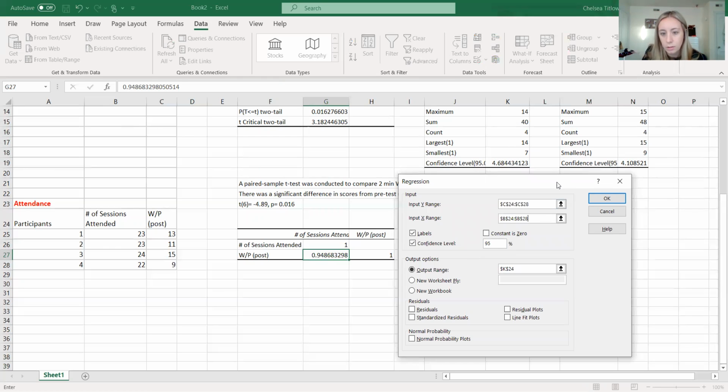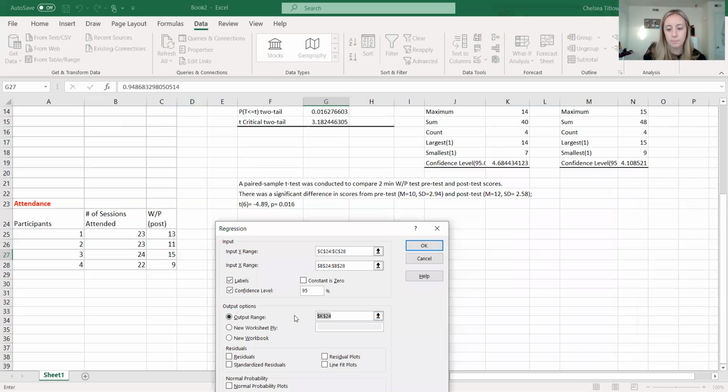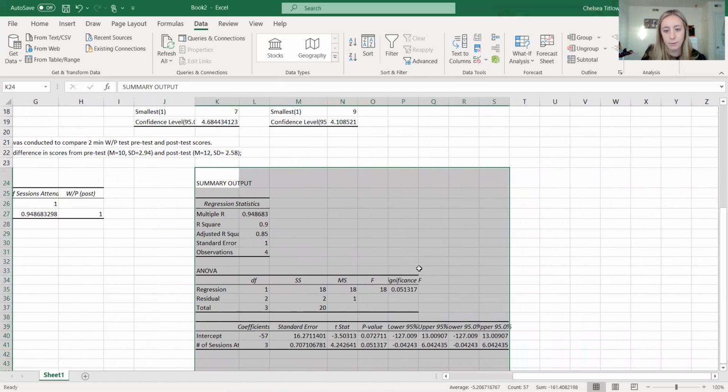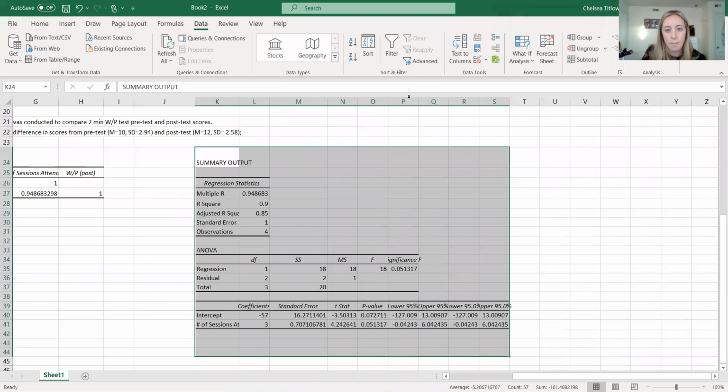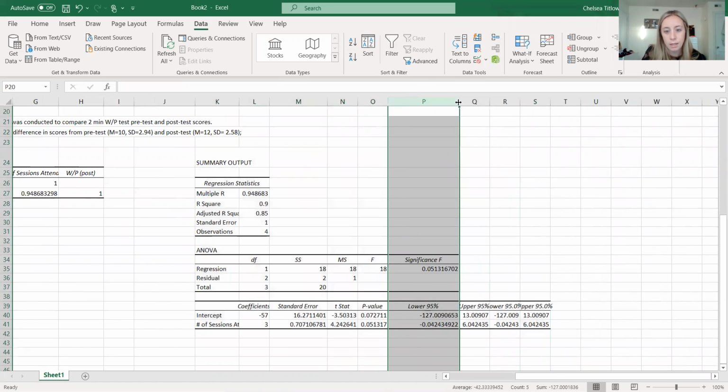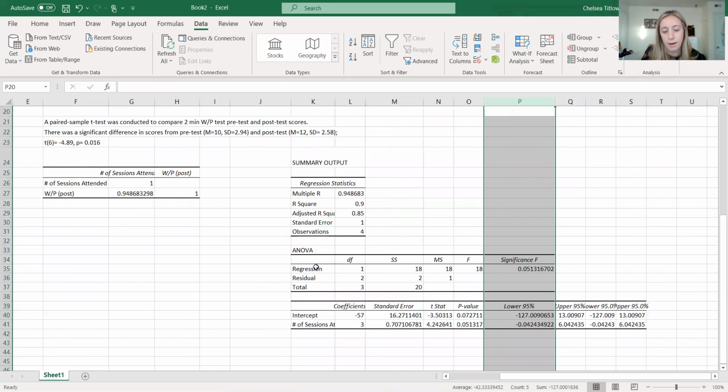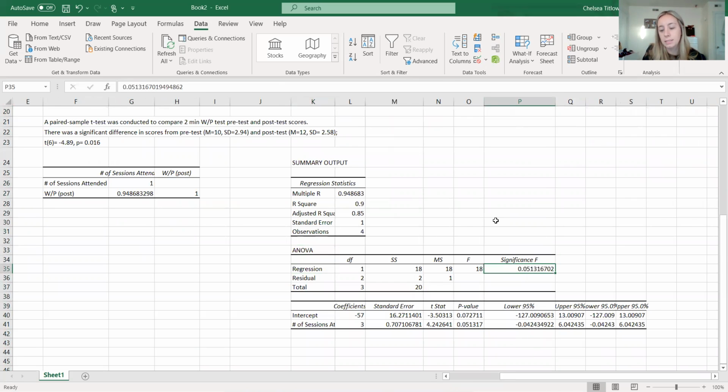Then you'll choose your output area, make sure it's blank first, and then we'll go over here. You can see they give you a lot of data with this one. But the most important thing for right now is we want to find the regression and if it's significant. Under the ANOVA, you have regression, the significance here is 0.051. While that is close, unfortunately, it is not statistically significant.